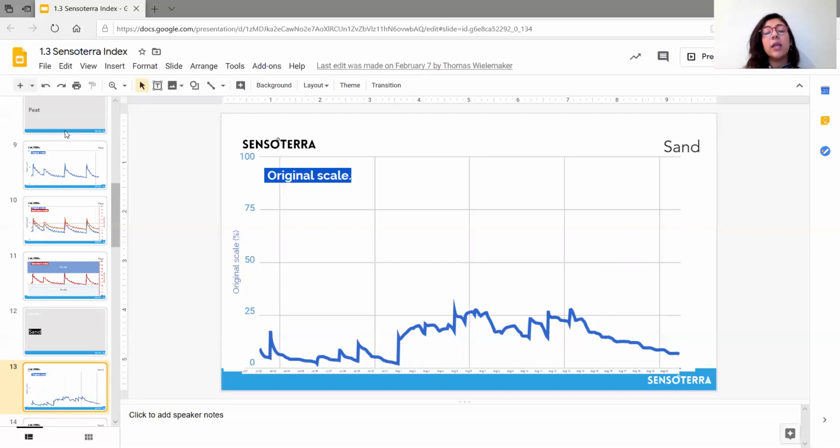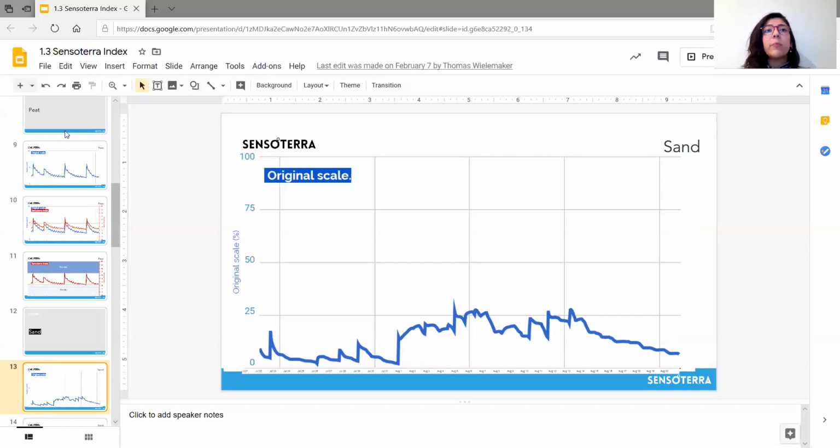Once again, we see this for sand because sandy soils tend to present lower water holding capacity. With a lower water holding capacity, less water will be retained in the soil and more water will be drained from the soil. So you naturally work with lower soil moisture percentages.